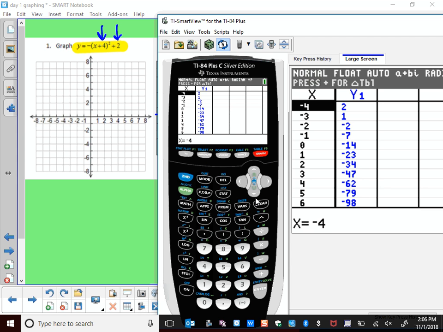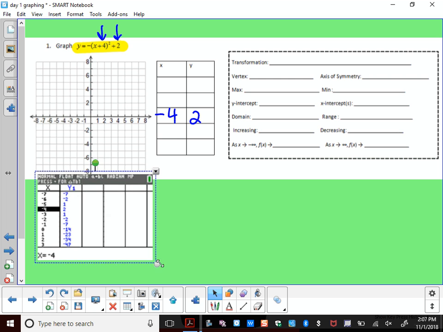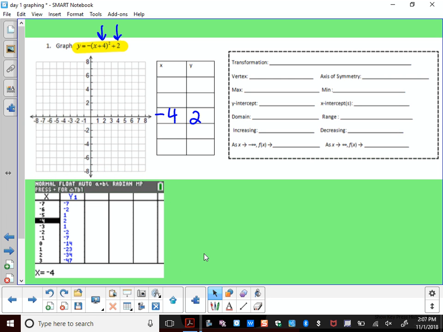Did you get negative 2, negative 1, 0, 1, 2? Hit second and then minus 1. Okay, so to fill in my chart, just reset it. Hit second, plus sign, 7, 1, 2. Did that reset it?